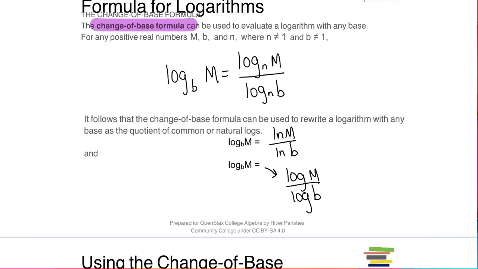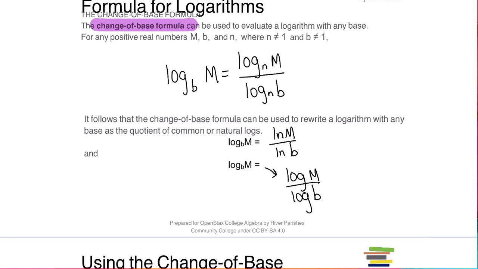And we would want to do this because, if you will recall, if you were to use the TI-83 or 84 calculator and use that log button that I showed you in previous videos, if you choose log, you're doing log base 10. If you choose ln, you're doing the natural log, so log base e. But what if you wanted to do log base 2 or log base 3?